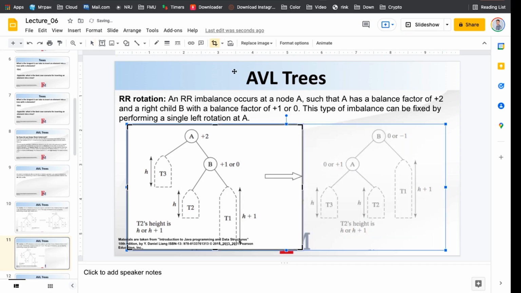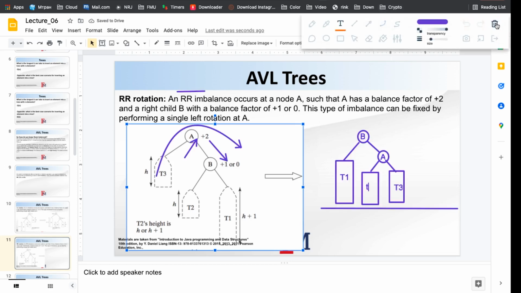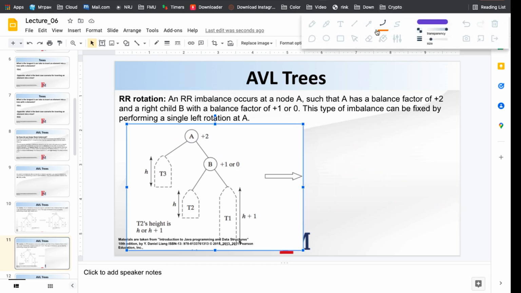So what am I going to do? I'm going to take this guy, boom, like that. I'm going to take the whole tree and rotate it counterclockwise.